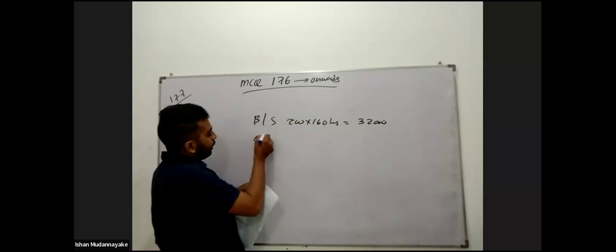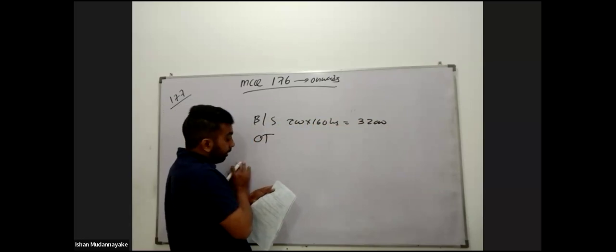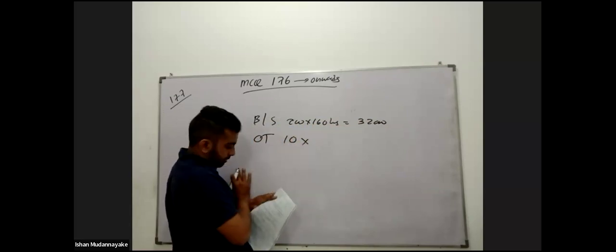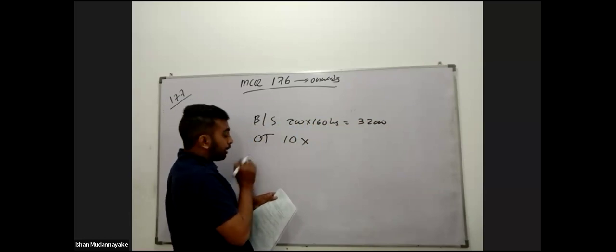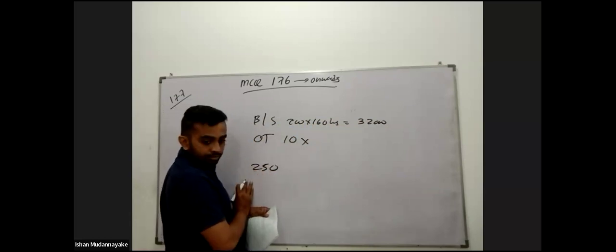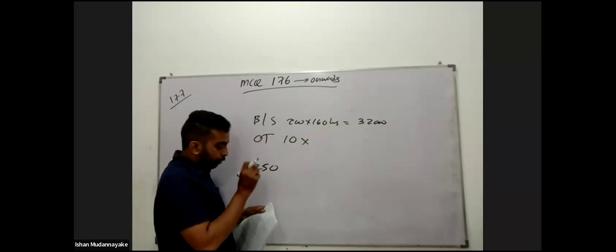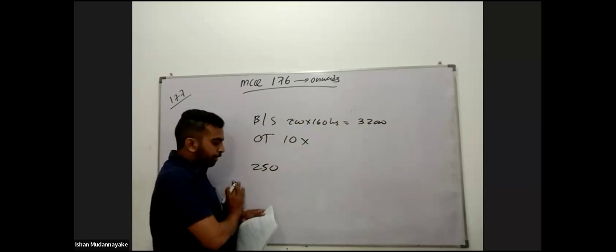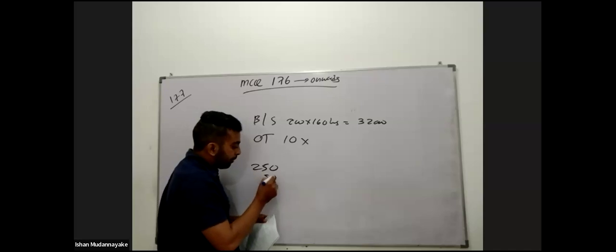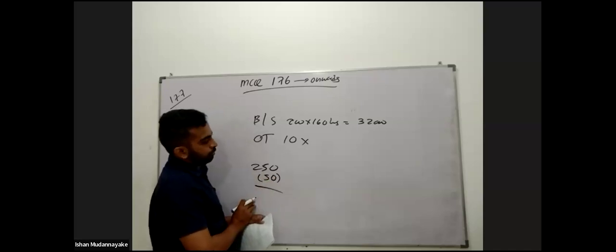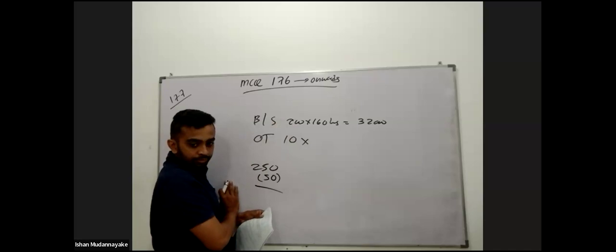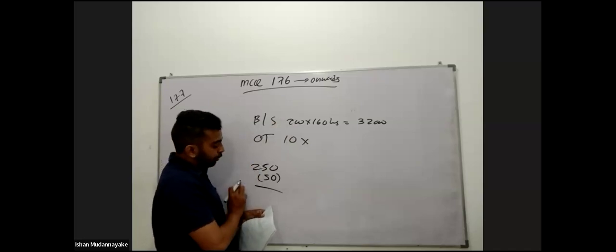Overtime, 10 hours overtime, the overtime rate is 250. When you recognize overtime expenses to direct cost, this 50 premium you need to remove. Normal wage rate is 200, so this additional 50 rupees you need to remove.